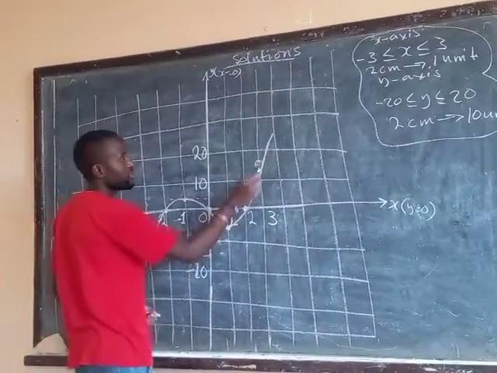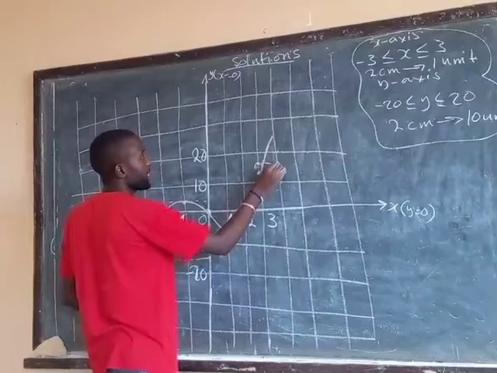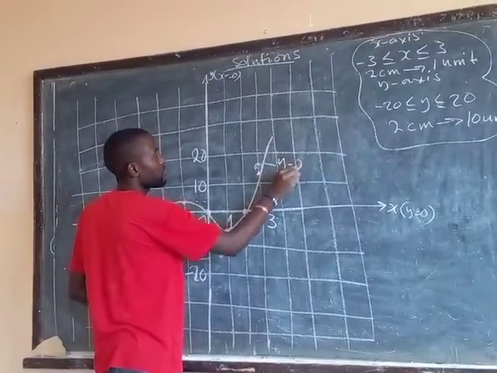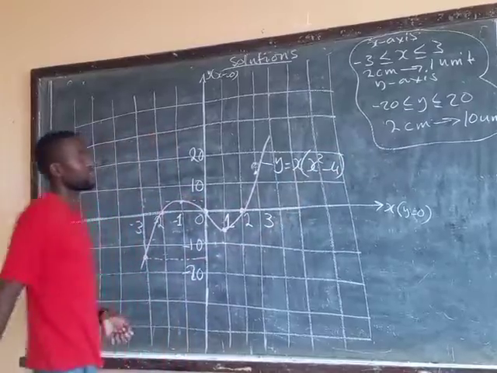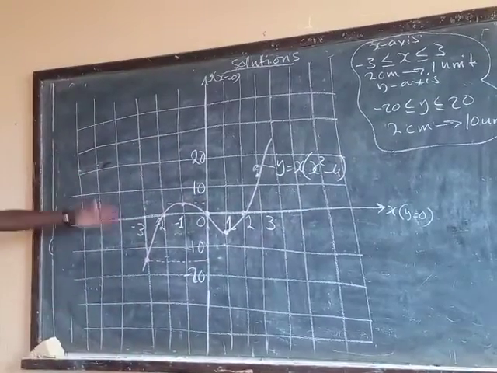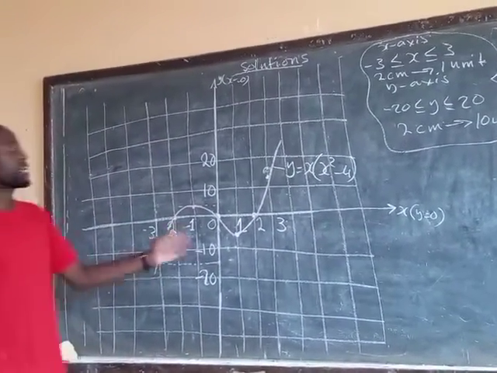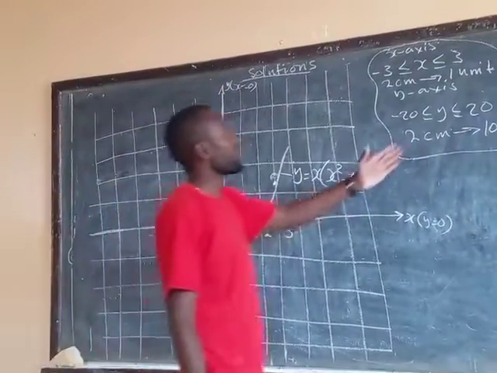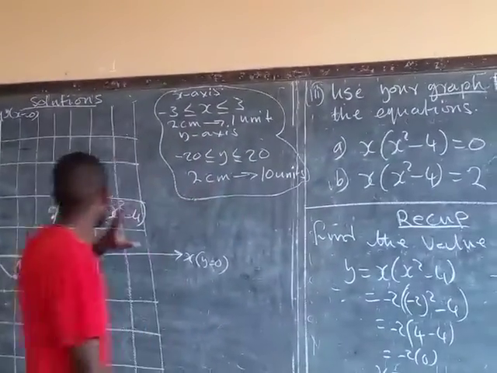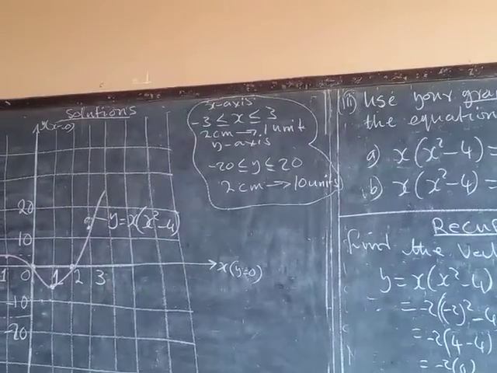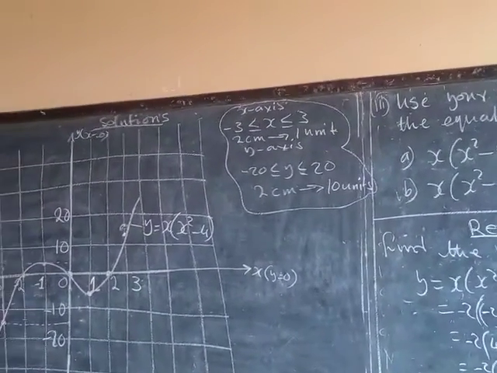Therefore, now you even name this line and say, this is my y is equal to x squared minus 4 graph. Once you draw it like this, now you'll be able to solve the equations given here using the graph, which will be simple and straightforward.